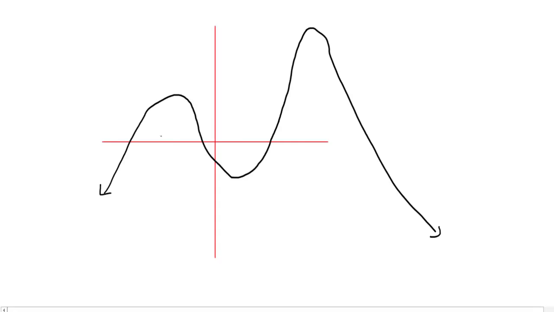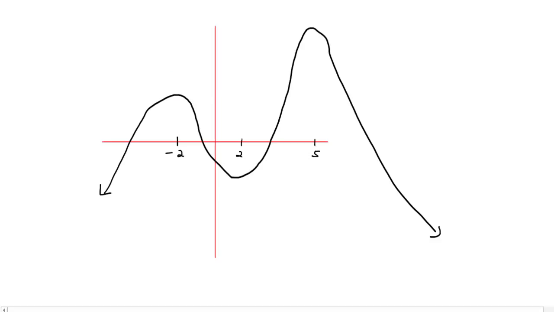There we go. So we'll say this value is -2, this value is +2, and this value is +5. So here, this is actually going to be a special circumstance where one of our extreme values is not just relative, it's actually going to be absolute, which means it's going to be the largest value in our whole entire function. So hopefully we can recognize some peaks and troughs here.